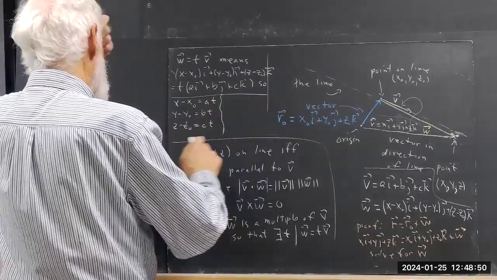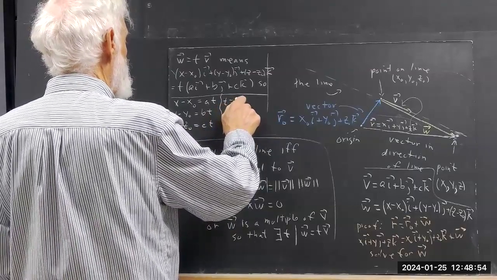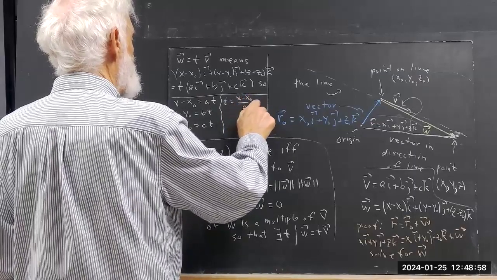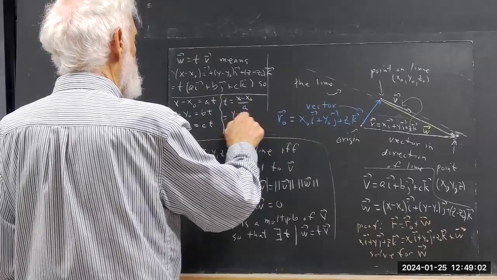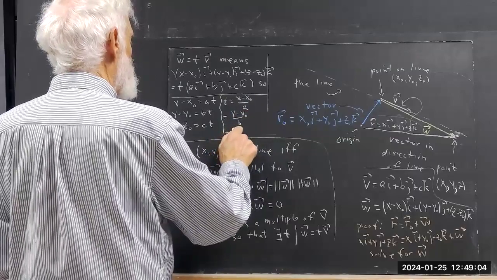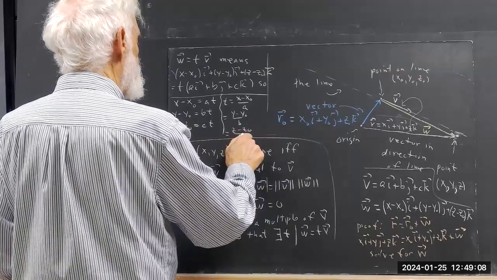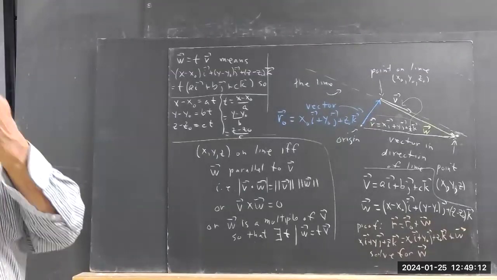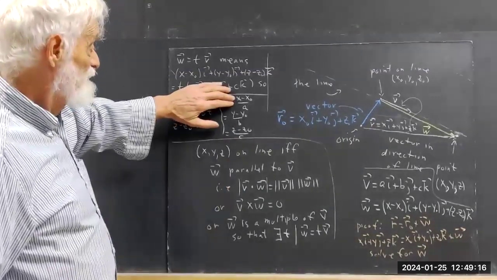They can also be written as T equals X minus X naught over A equals Y minus Y naught over B equals Z minus Z naught over C. And you could ignore T now.